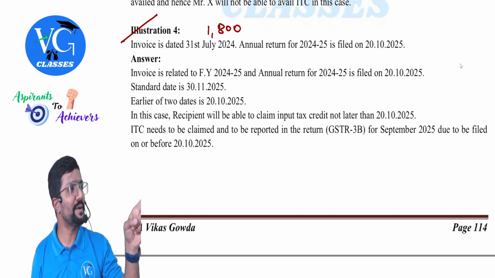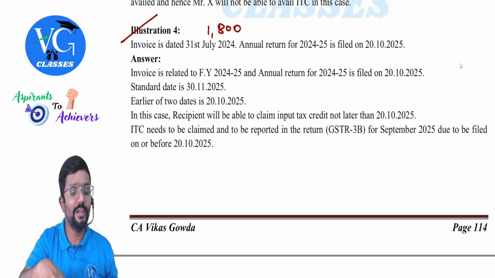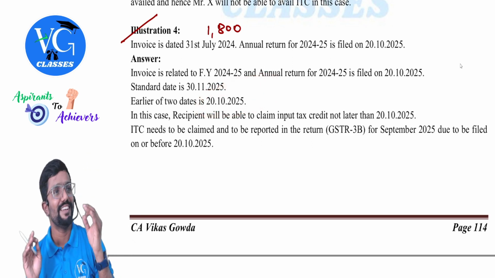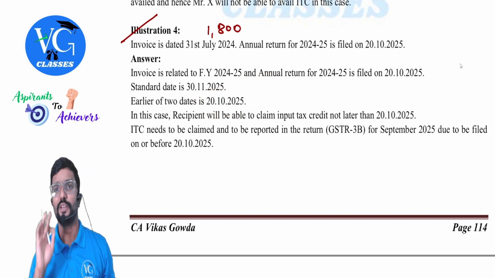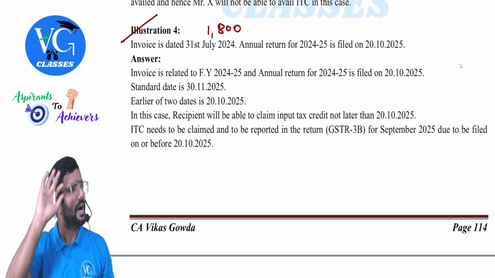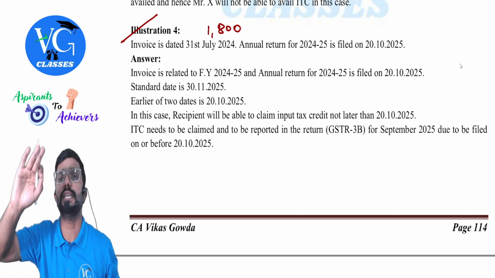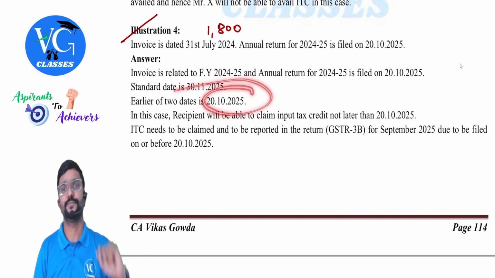You are filing September month GSTR 3B on 22nd October, but the deadline was already on 20th October. Government will tell, thank you for contributing to our treasury. You cannot claim credit. Understood? Yes. So please be careful. You can claim the credit in the GSTR 3B which has to be filed on or before this deadline.